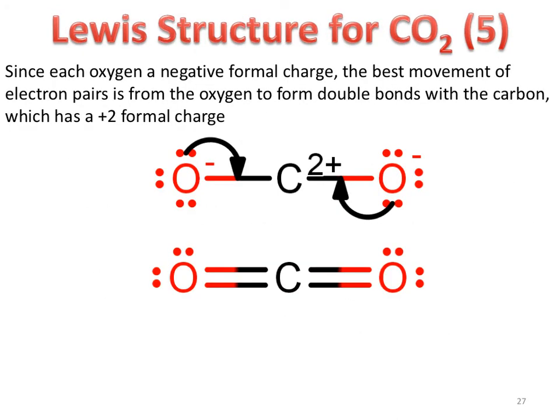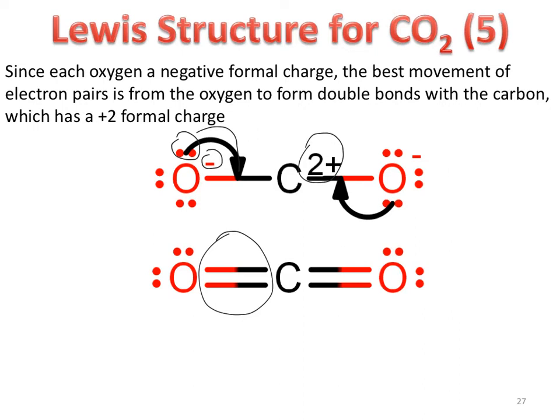So looking at our Lewis structure for carbon dioxide, we see this +2 formal charge in the middle and a negative formal charge on the left-hand oxygen. We can move one lone pair in to create a double bond between the carbon and the oxygen on the left.